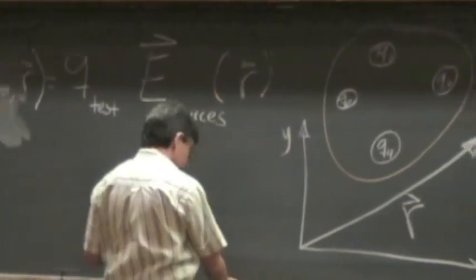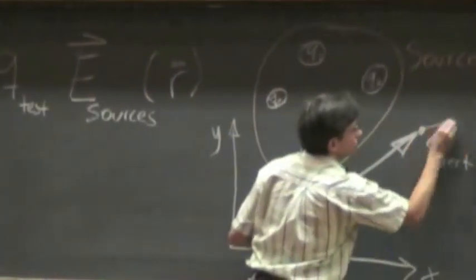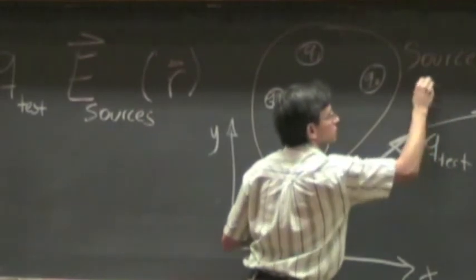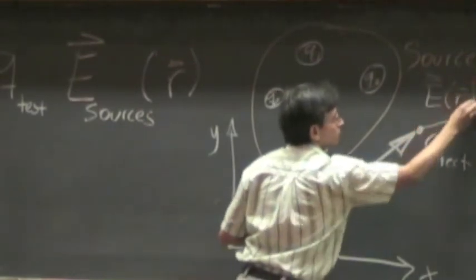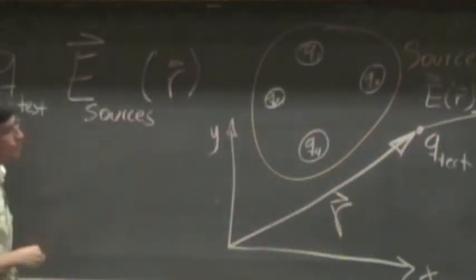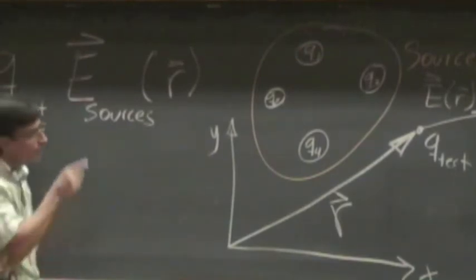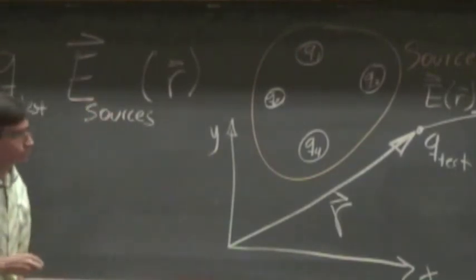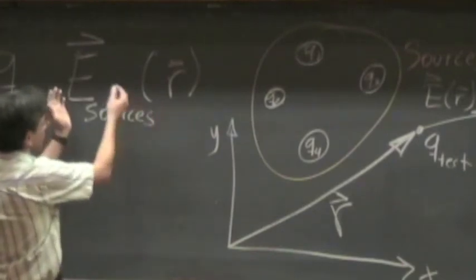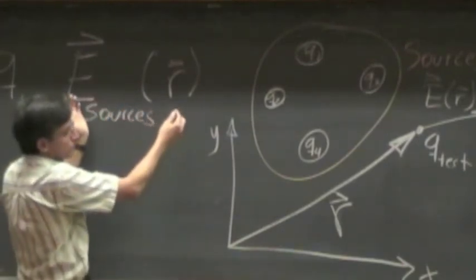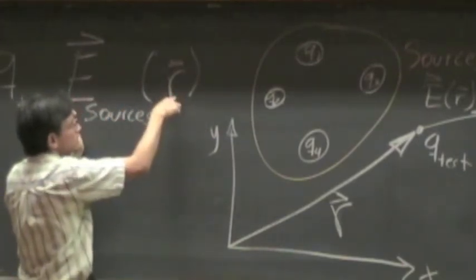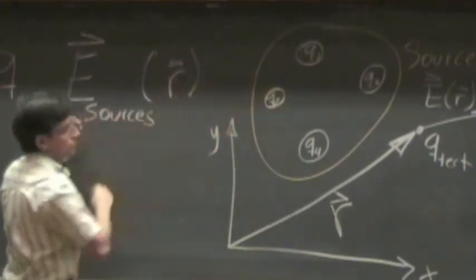And the vector E points in a particular direction in space at that point, specified by r. It's a vector and it points in a particular direction, right? So this quantity, E sources, is produced at some point in space r by the source charges.